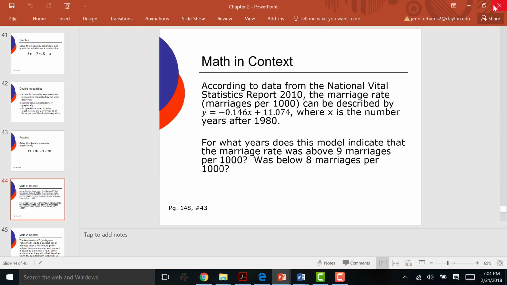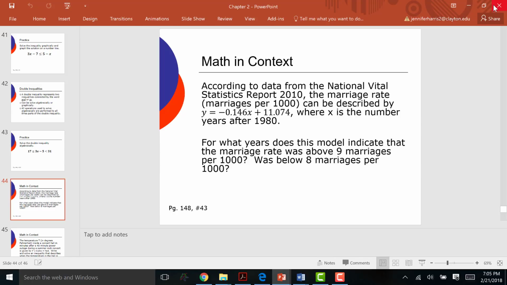Divide both sides by negative again. Is the symbol going to flip again? Yes, it is. Dividing both sides by negative 0.146, the sign is going to switch, so that's going to be a greater than symbol.